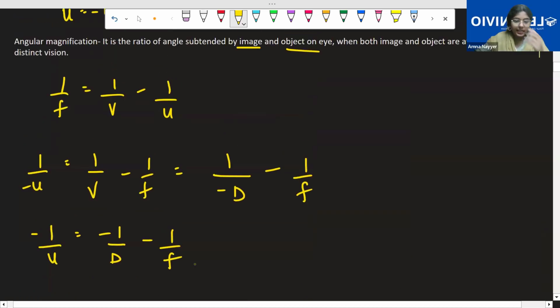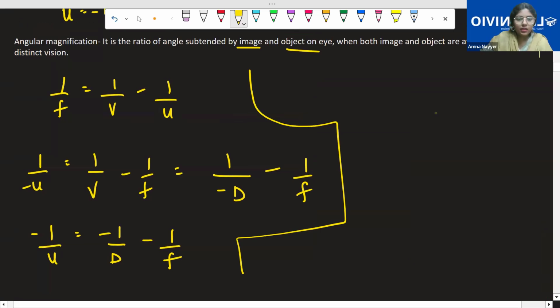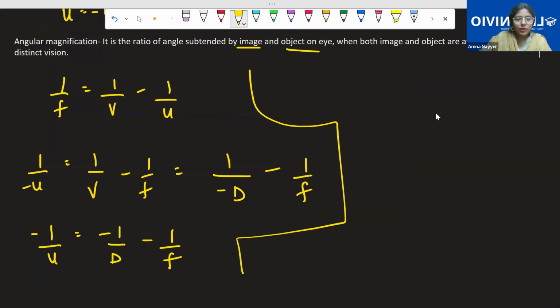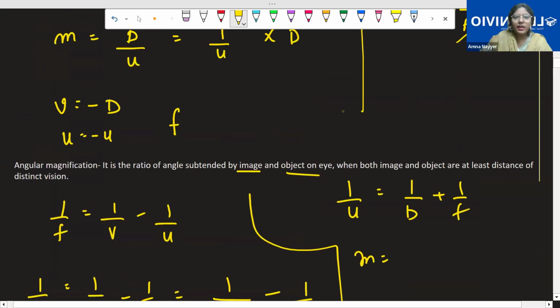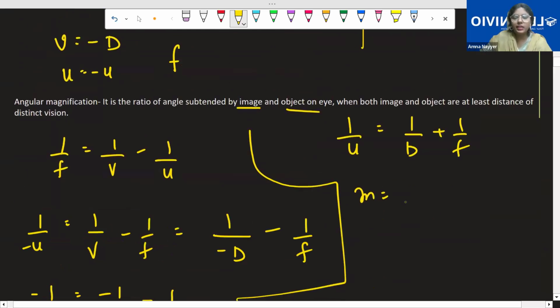Correct. So if I take this further, if I take the minus sign common, the minus sign will be taken out from here. So 1 by u is equal to 1 by d plus 1 by f, correct? Let's put the value here. What is 1 by u? We can write this into d.